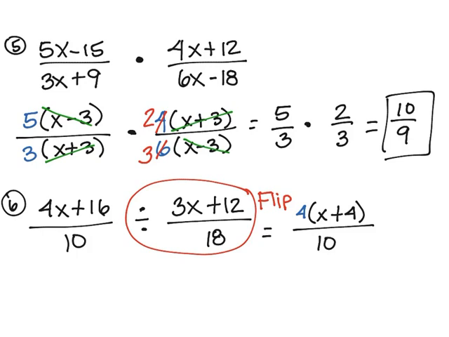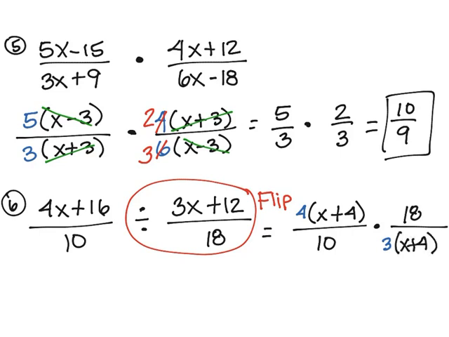Change it to multiplication. Now, who comes to the top? 18. Now on the bottom is 3x plus 12, but go ahead and simplify. What can you do with 3x plus 12? Take off 3, and what is left?